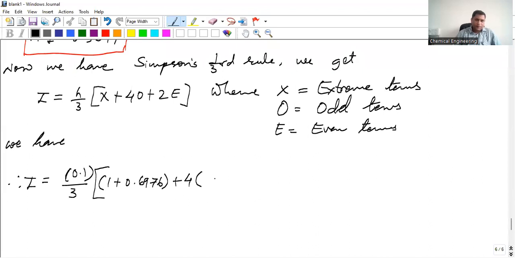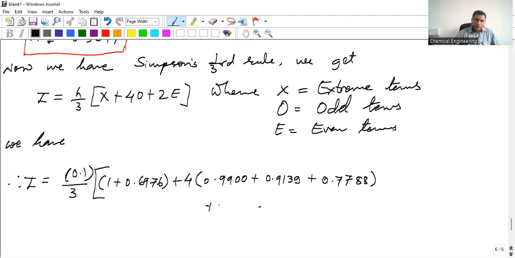What will be the odd terms? 0.9900 plus 0.9139 plus 0.7788.